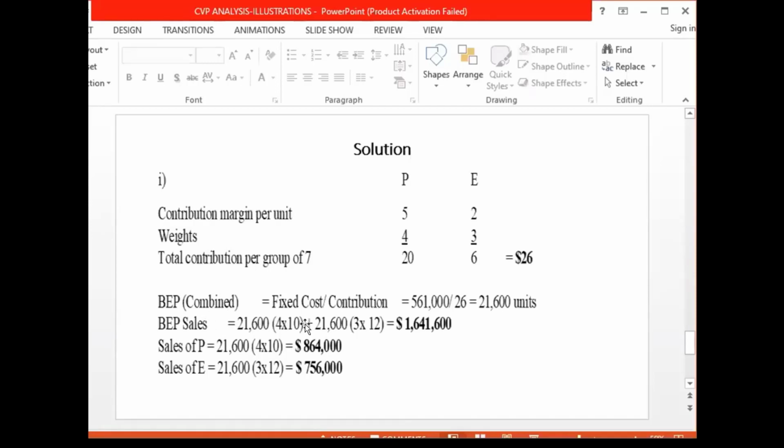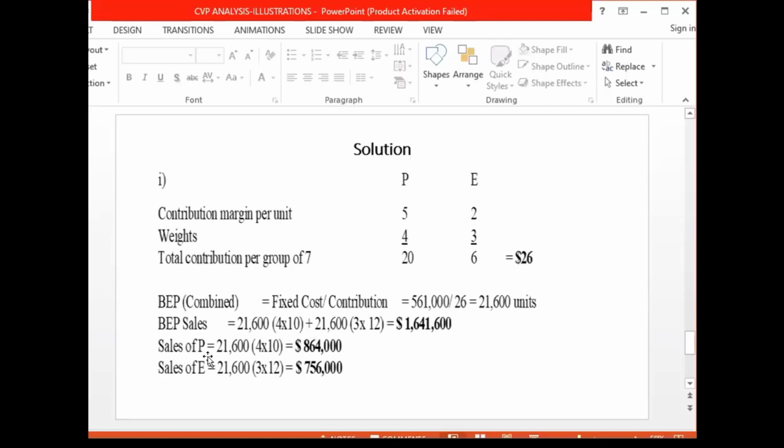Now break-even combined is fixed cost over contribution. Fixed cost, we are told, is 561 divided by contribution, which is 30 units. Break-even sales is 21,600 times 4 times 10, and then 21,600 times 3 times 12, which will give us that.